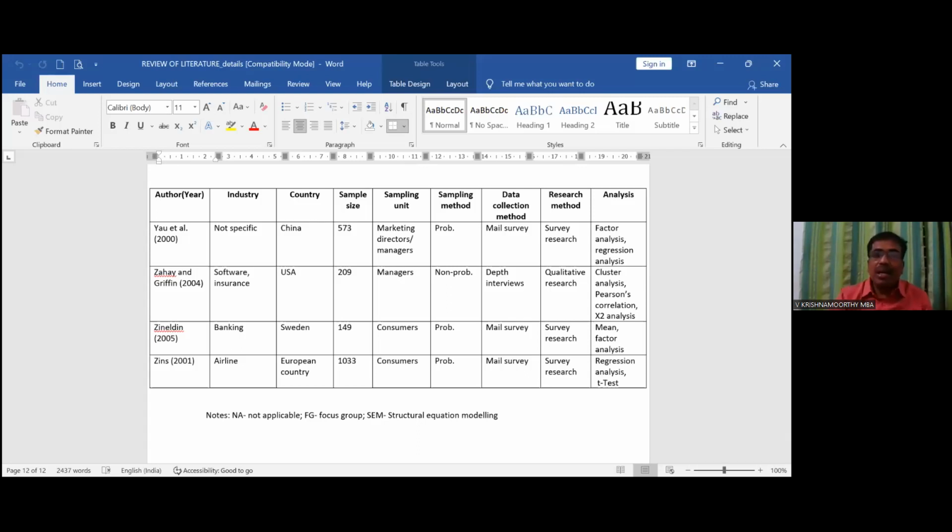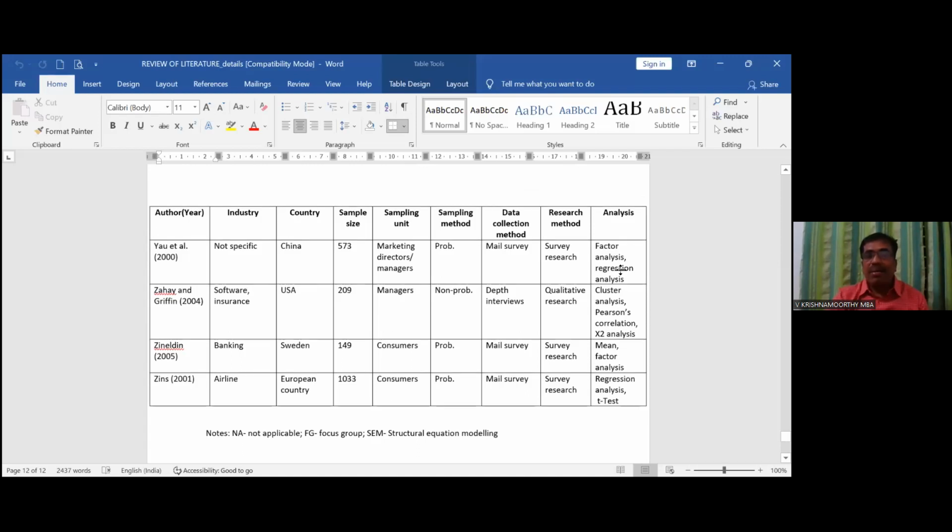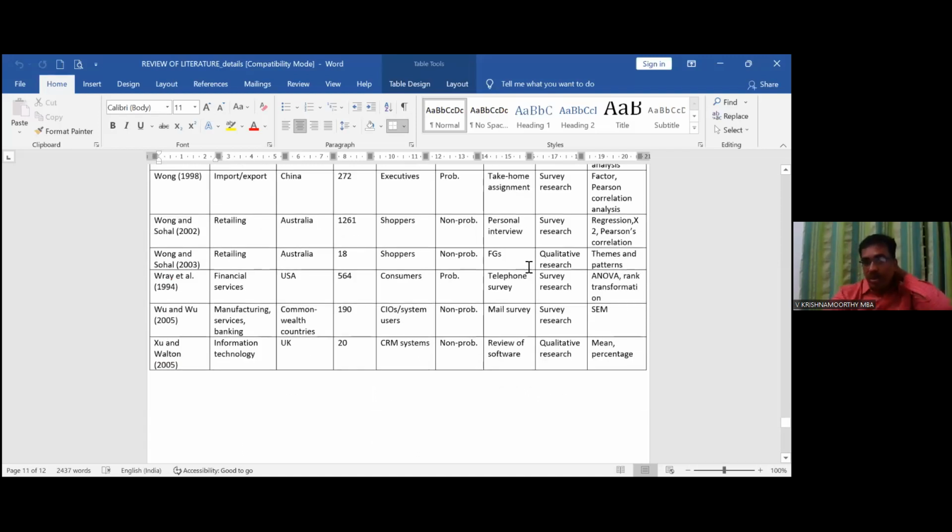Another important thing, for example, he can also get the idea what kind of statistical tool they have used: factor analysis, regression analysis, cluster analysis, correlation, regression, t-test, even ANOVA. They can also get this kind of information. Similarly, they can also justify the response rate.